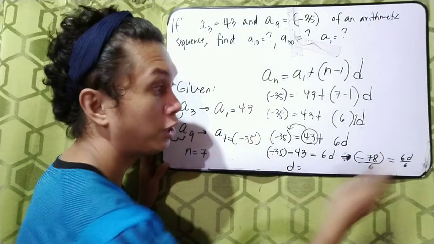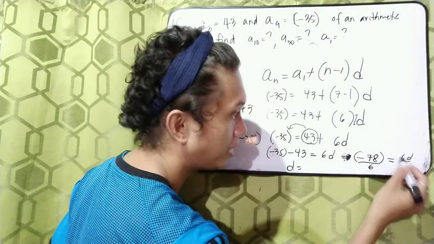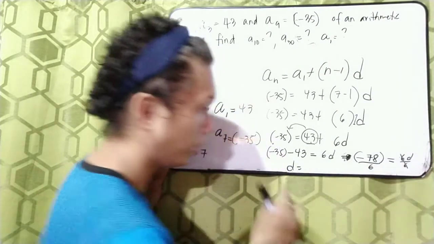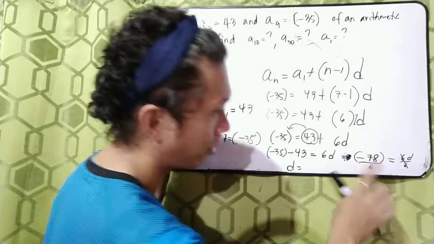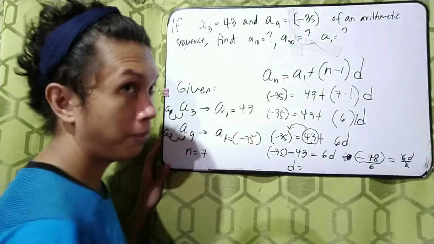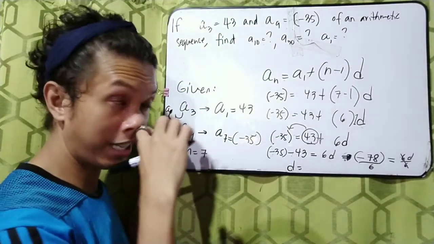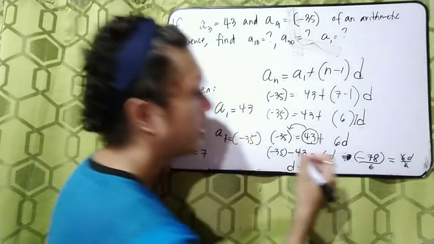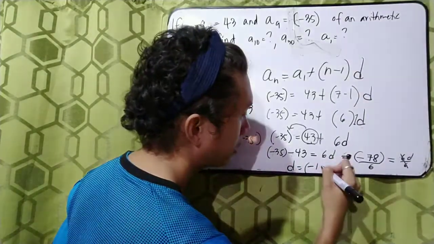So make sure what you do here is also done on the other side. So 6 divided by 6 is 1, so only d is left. The negative 78 divided by 6, since that is negative divided by positive, when you divide unlike signs, the result is negative. So negative 13.